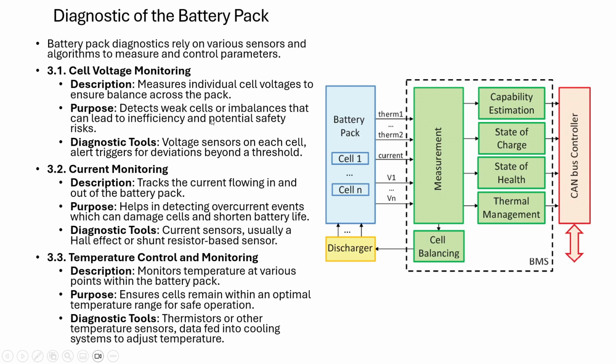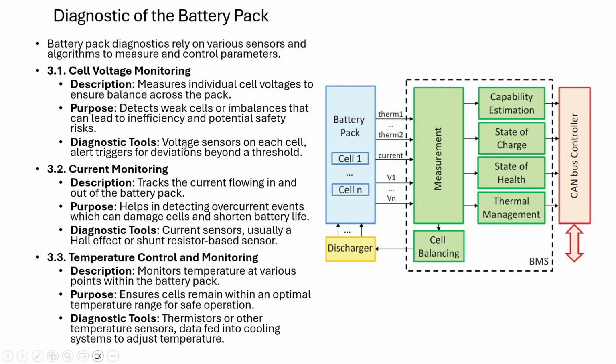The purpose is to detect weak or imbalanced cells that can lead to inefficiency and potential safety risk. So we have to see that every cell in the battery pack is producing uniform output voltage. Otherwise, if some weak cell is present, it will produce a different voltage, which has to be removed.